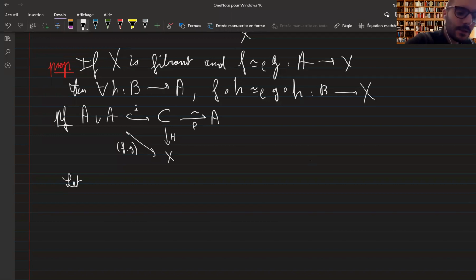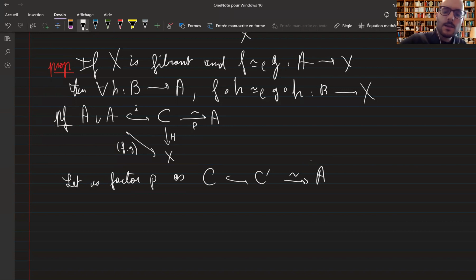So let us factor. So I have to check my notes because it starts to get a bit tricky. All right, so this one as, so C goes to some C prime goes to A. And because P itself is acyclic, it doesn't really matter whether I ask the first or the second one to be acyclic, because by the 2 out of 3 property, this map here, P, is acyclic. So if either one of these two is acyclic, then so is the third one, right?